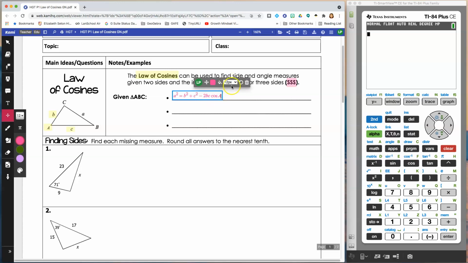Let's make this a little bit bigger so it's easier to read this formula. Again, here's what we're doing. We're taking a side length and we're going to square it, and it's equal to the sum of the other two side lengths, each squared, minus 2 times the product of those two sides times the cosine of the angle that's opposite the side. So it's a lot of words.